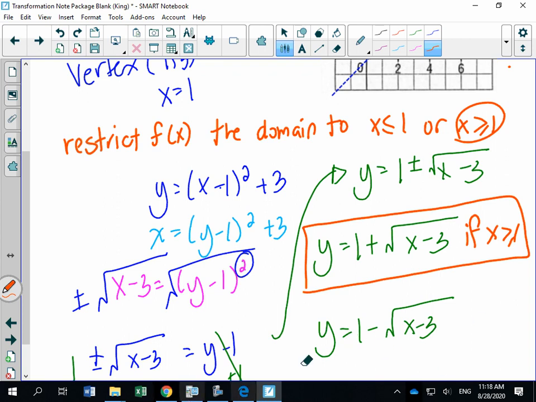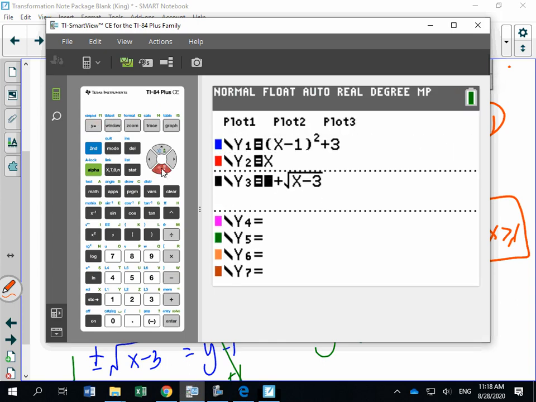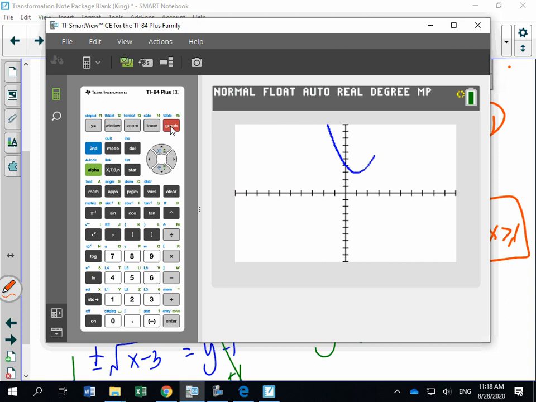So now I'm going to go back to my graph. We're going to graph this one in. So let's go back to y is equal to, and let's change this to a negative. So let's change that to 1 minus, graph it. There's my original. There's my reflection line. This piece here, reflected, becomes this piece over here.